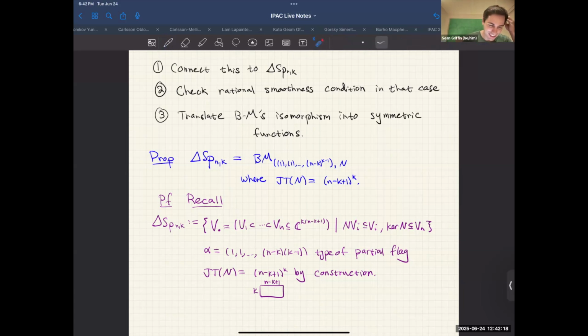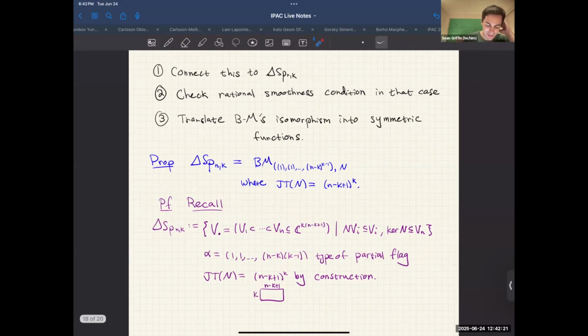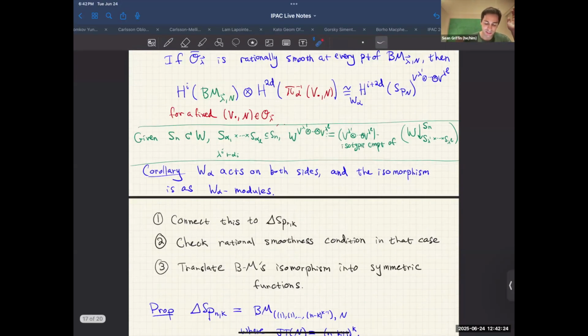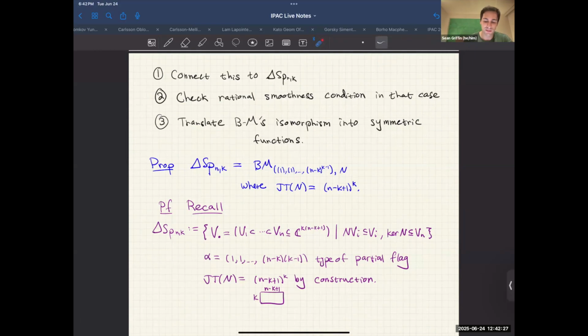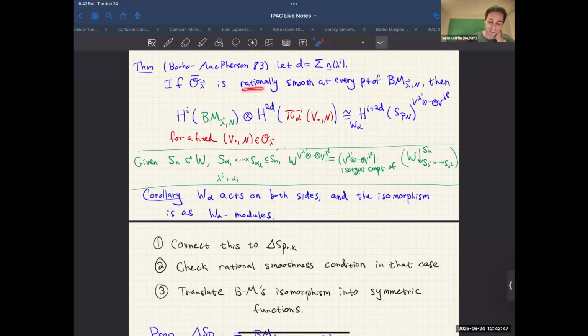So in the last 18 minutes, first of all, I want to connect these constructions to the delta Springer fiber. The statement is here, and I'll prove it for you. Second, I'm not sure if there's enough time to go through this rational smoothness check in full. There's this annoyance that this only works for rationally smooth. And somehow, a miracle happens that because of the combinatorics we're doing, rational smoothness checks out.